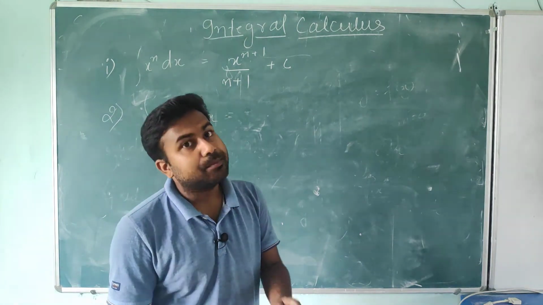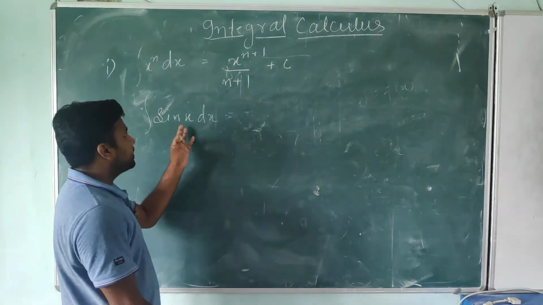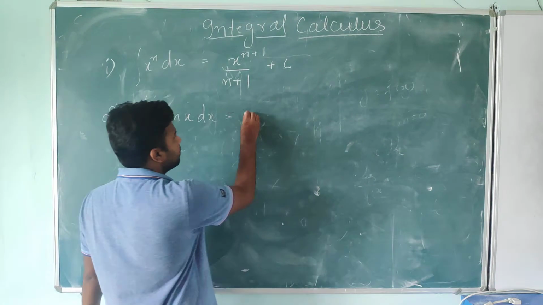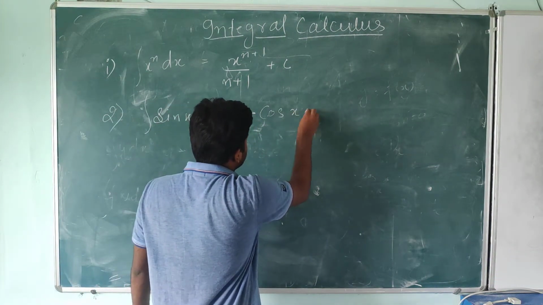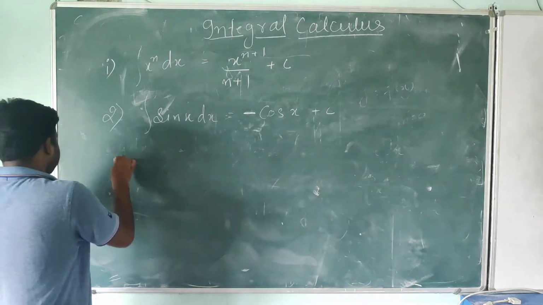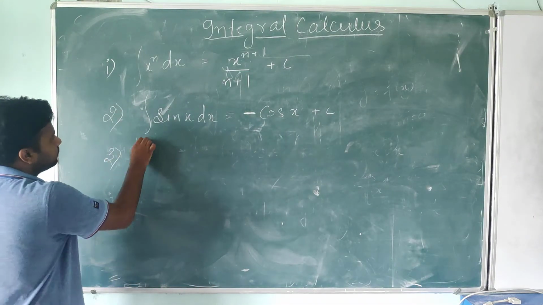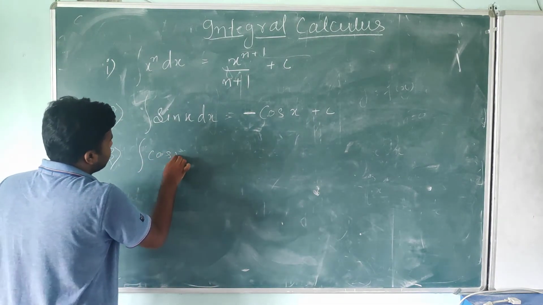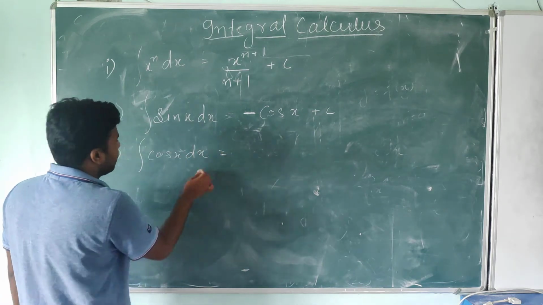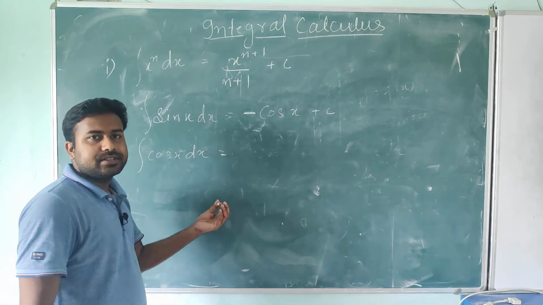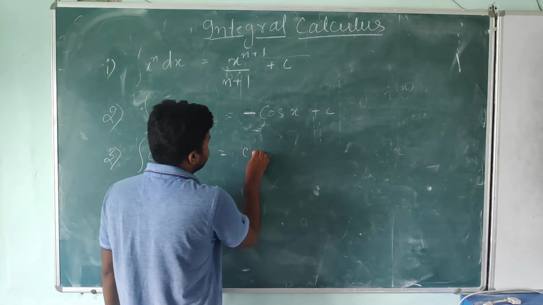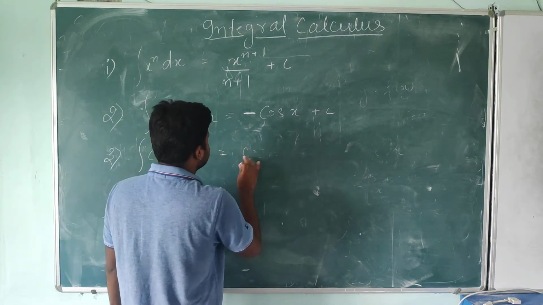Cos x gives you minus sin x, but here it's sin x. It means you have to put a minus sign first, and then you will get minus cos x plus c. Third I am writing here, student, integration of cos x dx, and we know that the differentiation of sin x is cos x. So here you will get directly sin x plus c.